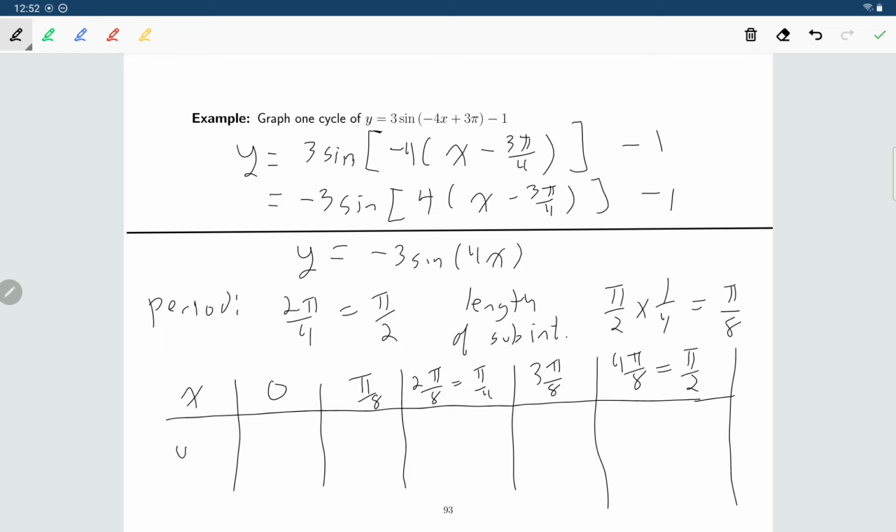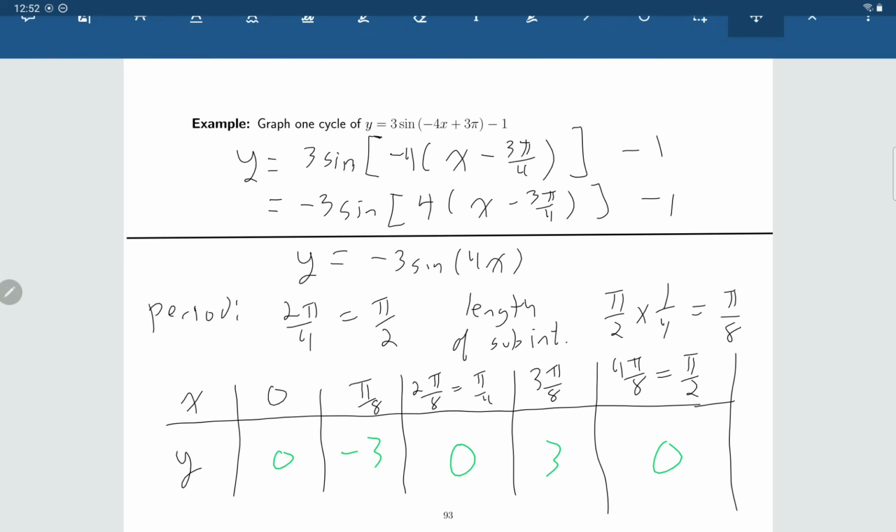And our y values, it's a sine function, so we start at 0, and then going to that coefficient of negative 3, then back to 0, then back to 3, then back to 0. So this is negative 3 sine 4x. That would be the 5 key points that we would graph for those.